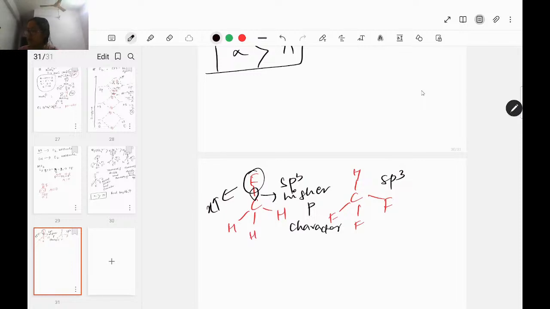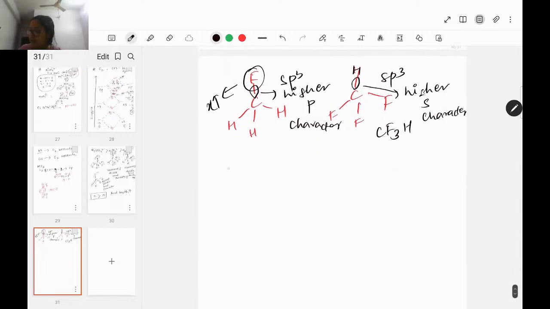And over here, in case of CHF3 or CF3H, carbon utilizes orbitals of higher s character. So one thing which you need to remember is, higher the percentage s character, higher is the bond angle.